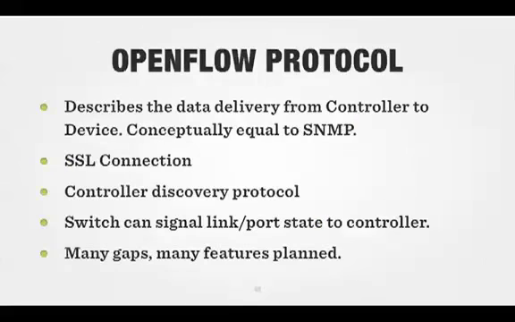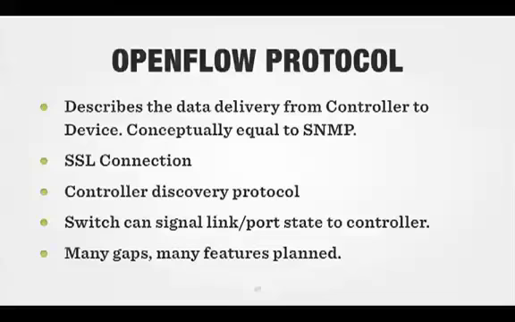Okay, so the OpenFlow controller describes the data delivery from the controller to the device and conceptually operates like SNMP. So the controller sends data down in a particular format. The device receives it, handles it independently. It uses an SSL connection to make sure that it's encrypted.